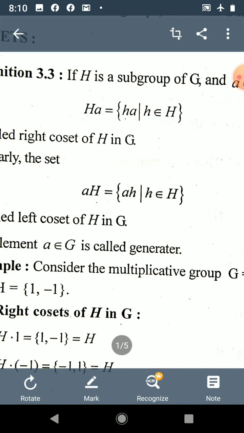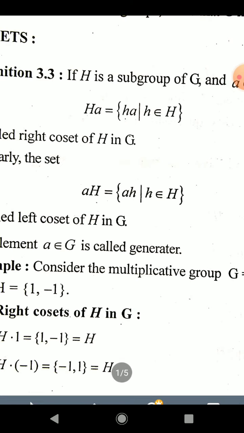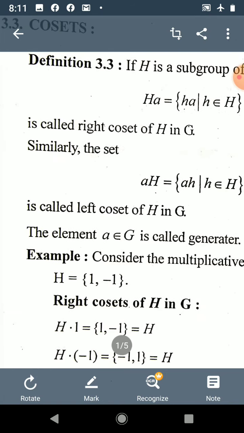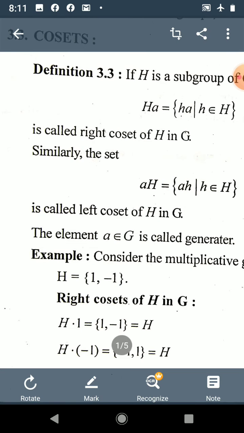Remember that a right coset is the set of all elements of the form ha, h belongs to H, and a left coset is the set of all elements of the form ah, where h belongs to H. The element of the group Z by which we multiply the elements of H is called a generator. a is a generator.